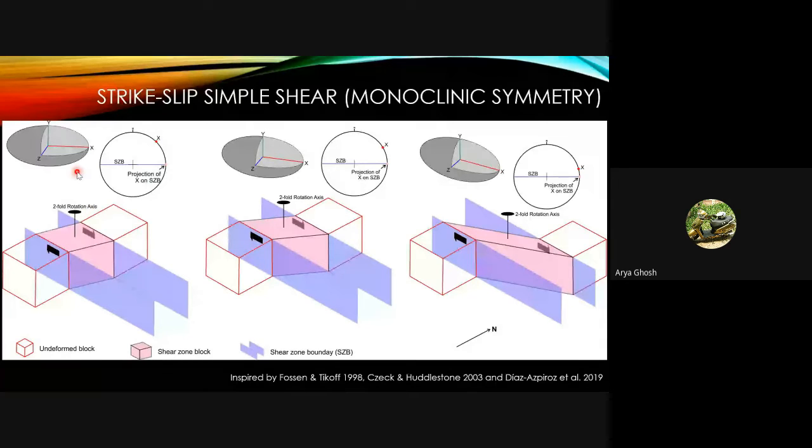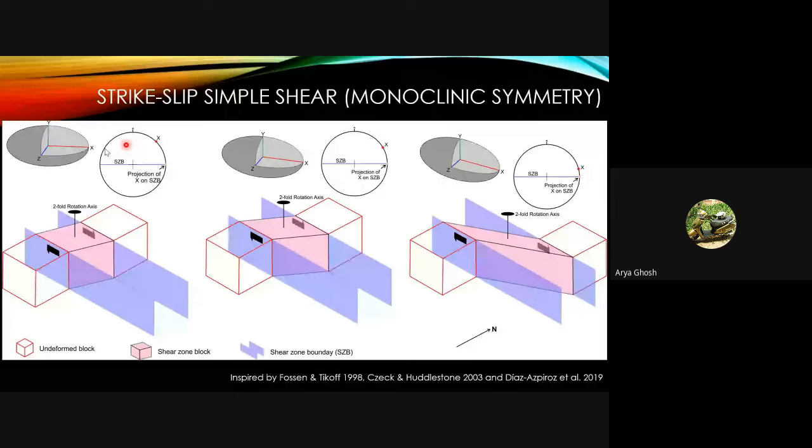And there's a stereographic projection which shows the position of the maximum stretching direction and its projection on the shear plane. Usually when we measure the stretching lineation in the field, we measure it on the shear plane, so most of the time what we measure is its projection. So we are interested to see how the projection varies on the shear plane. For that, these diagrams have been prepared.